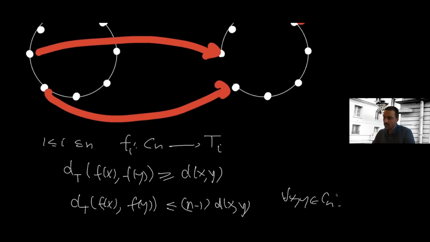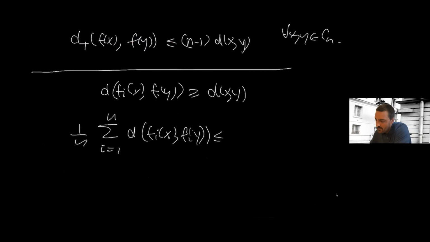If I go back to my picture here, for these two vertices there is only 1 edge deletion that will disrupt their original distance. For all the others, you will have the same distance. So with a little bit of simple computation, you have n-1 distortion when you delete the edge between these two vertices, and for all the others you don't change anything, but then you have n-1 other trees.